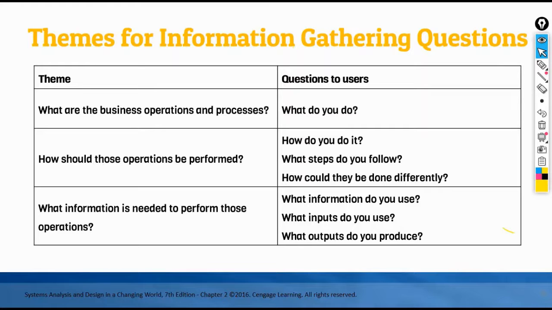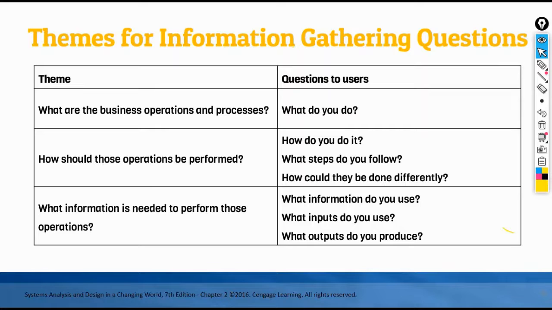Thus, the first 2 questions, what do you do and how can it be done, go hand in hand to discover the need and begin the definition of the system requirements in terms of the new system.